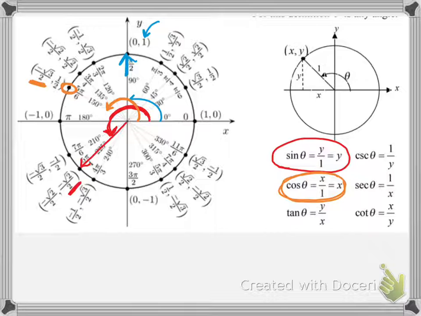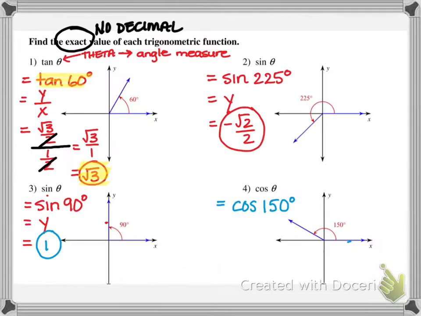150 is this dot, that angle, and we were asked to find the x. So I use the first coordinate, negative square root of 3 over 2. So I needed to look for the x, and negative square root of 3 over 2 is the final answer. That's what you would type on your Delta Math, okay?